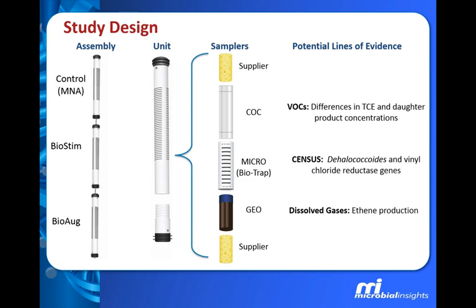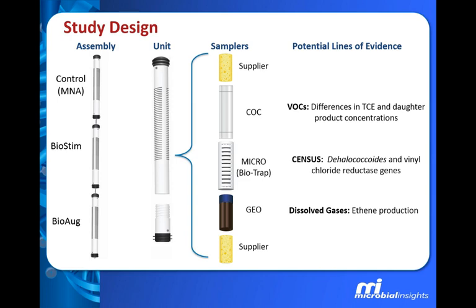So the study design looked like this. It's basically the standard type of train of in situ microcosms that we've gone through. And again, we'll use the COC samplers to look at the TCE and its daughter products. We'll use the biotrap to look for Dehalococcoides as well as genes involved in reductive dechlorination like vinyl chloride reductase.